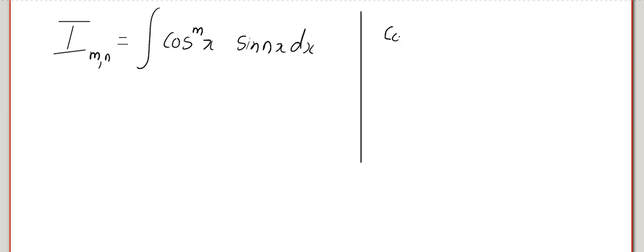Do you know how to differentiate cos to the power m x? You can imagine cos to the power m x to be cos x the whole power m, so that its differentiation will be, it looks like something to the power m, like the formula x power m.